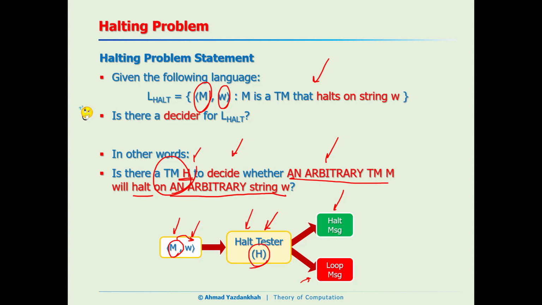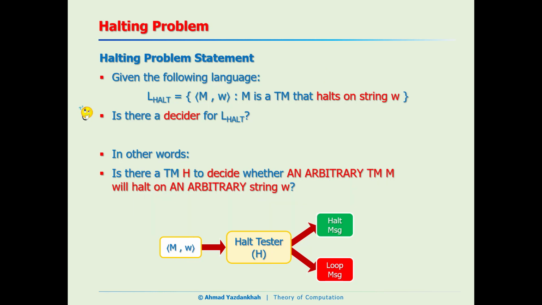And when we say message, the halt one can be just as simple as an accepting state. The loop message can be as simple as a regular state. So if it accepts, it means that it halts, and if it rejects, then it means that this Turing machine will loop on this string. Okay, so now we are clear about the elements of our proof.